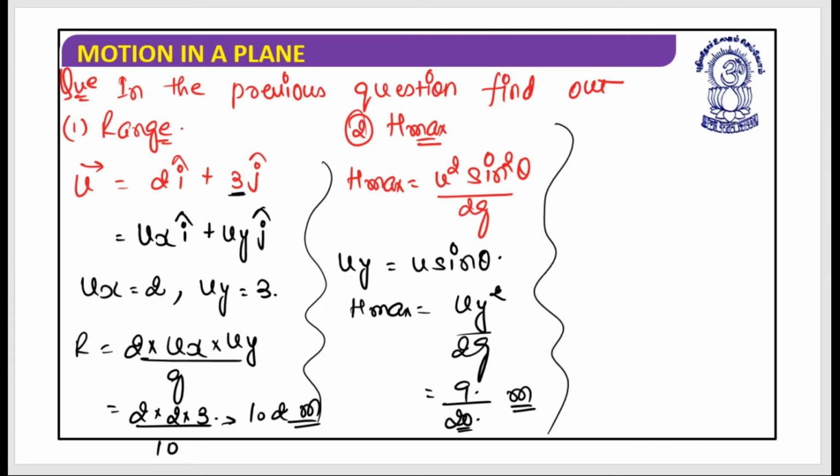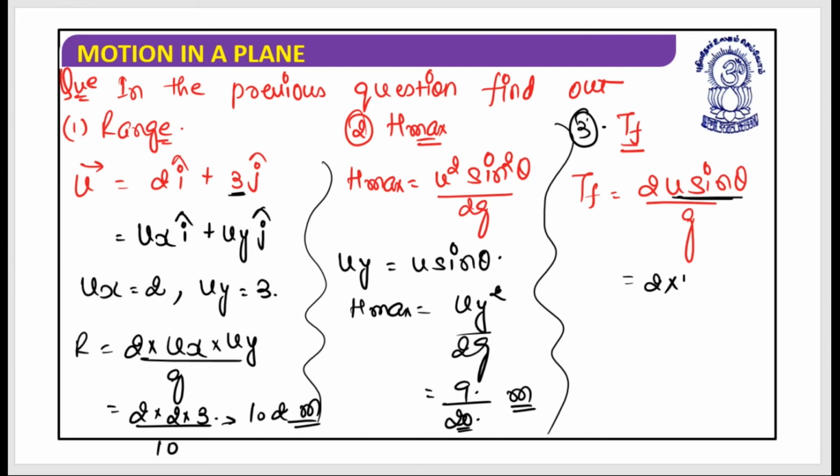Great. Third, time of flight. Time of flight can be written as 2u sine theta divided by g. And u sine theta is uy, so it's 2 into uy divided by g.